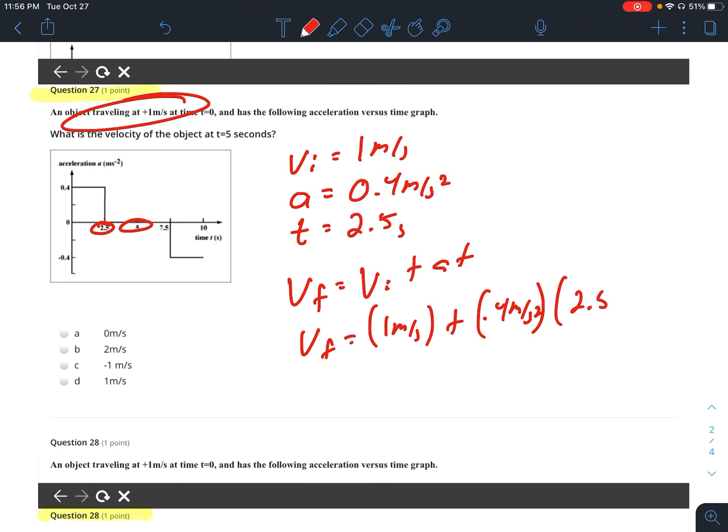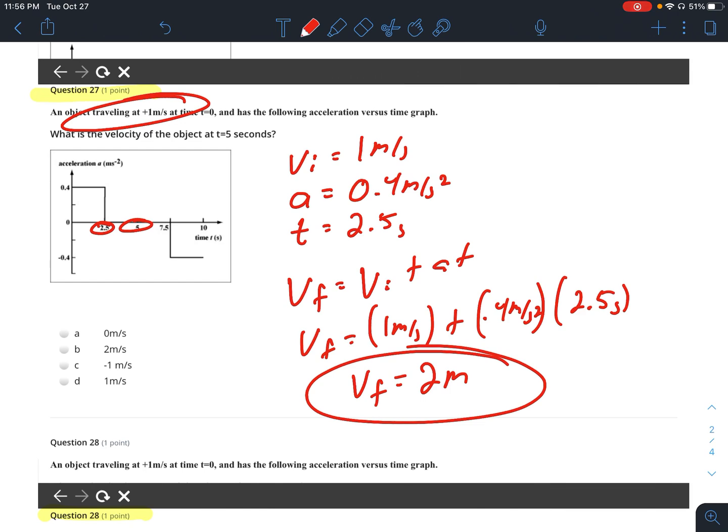Forgot units. And calculator just to confirm that. So we're going to be going 2 meters per second.